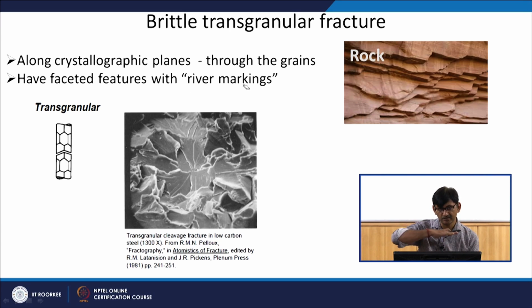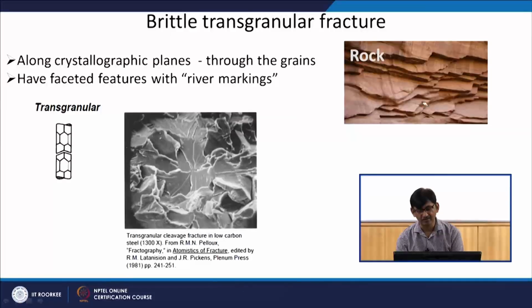Faceted feature, because the crack is going along a certain plane, so you get one facet. In another grain the plane may be oriented in a different way, so you get another facet and so on.